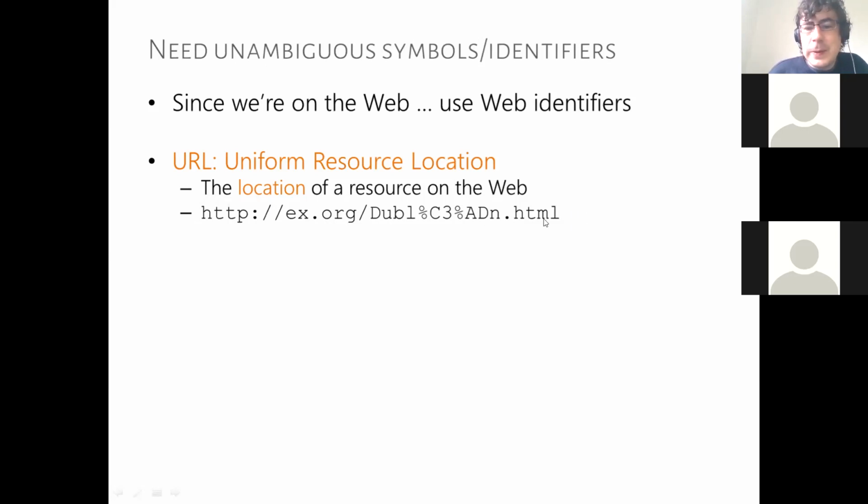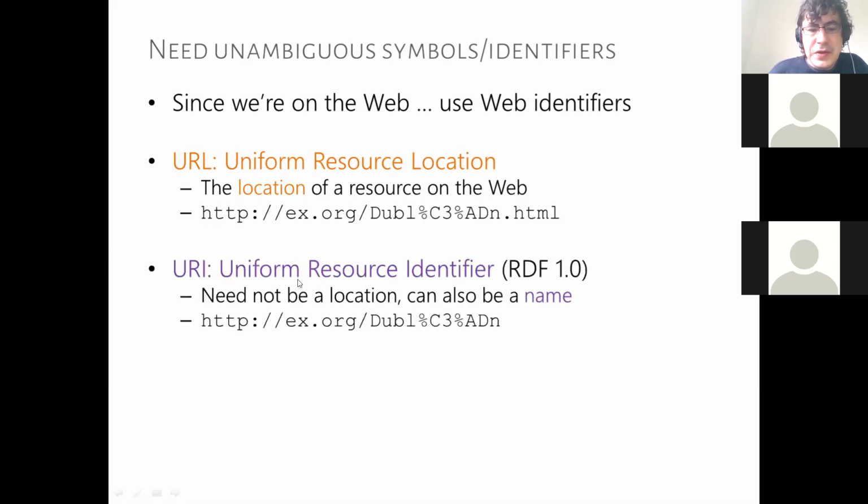But what if we wanted to identify the actual city? This is Dublin in this case. If we want to identify the city, we can use a URI, which is not a location of something, because we can't locate a city over the web, right? Or we can't return a city if we're given the URL. URLs are for things that can be returned over the web.